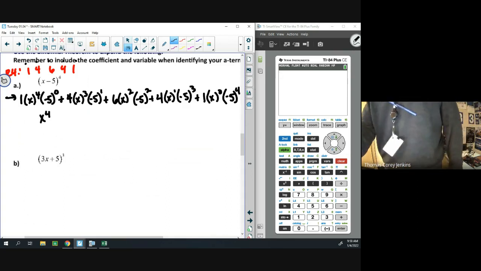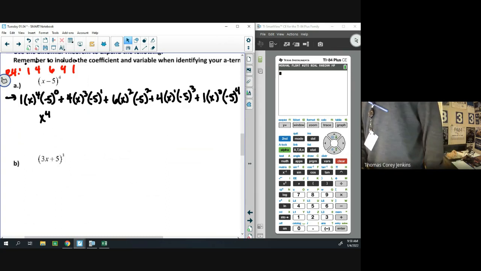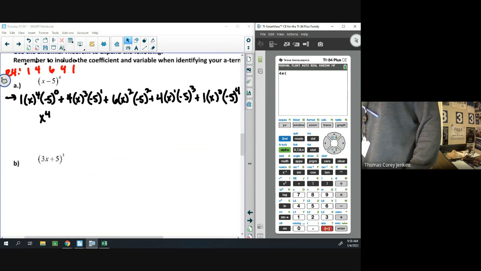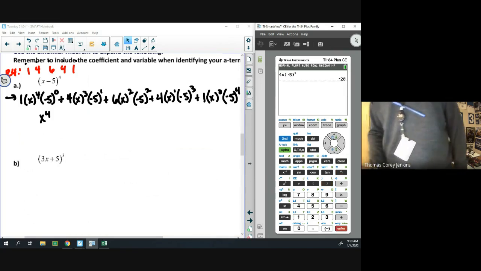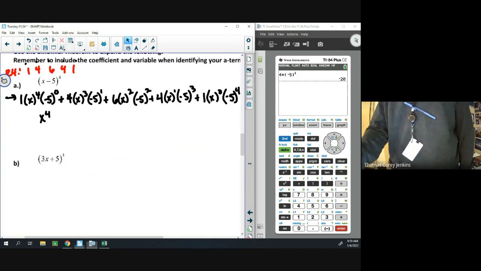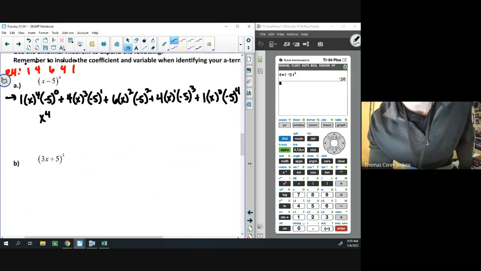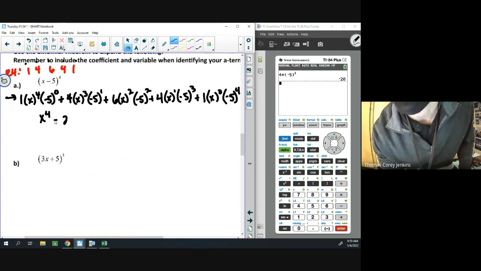Now my next term, my coefficient, I'm going to use my calculator here just to be safe, it's going to be 4 times, when you do -5, you want to put it in parentheses. So -5 to the 1st, you could just type that as -5, but that's going to be -20. So my coefficient is -20. So my next term is -20 x to the 3rd.